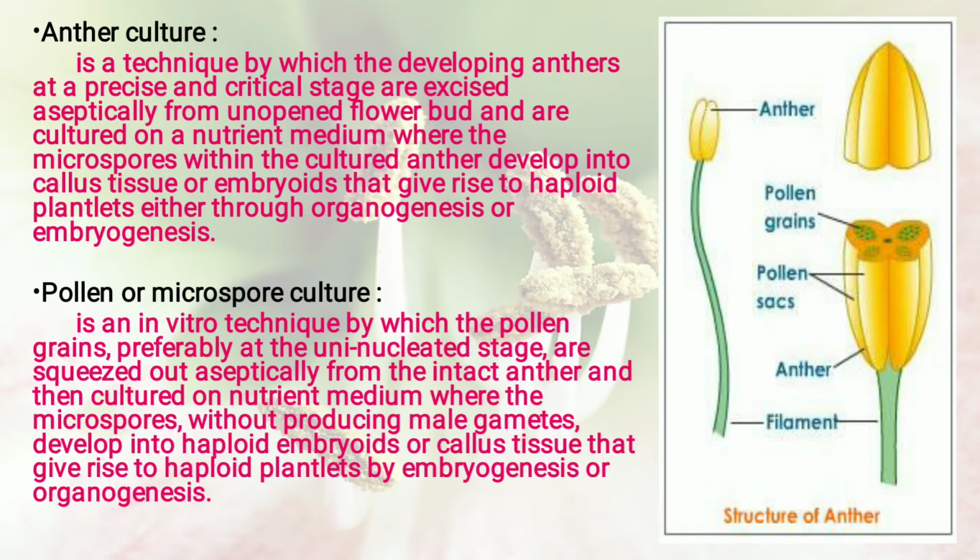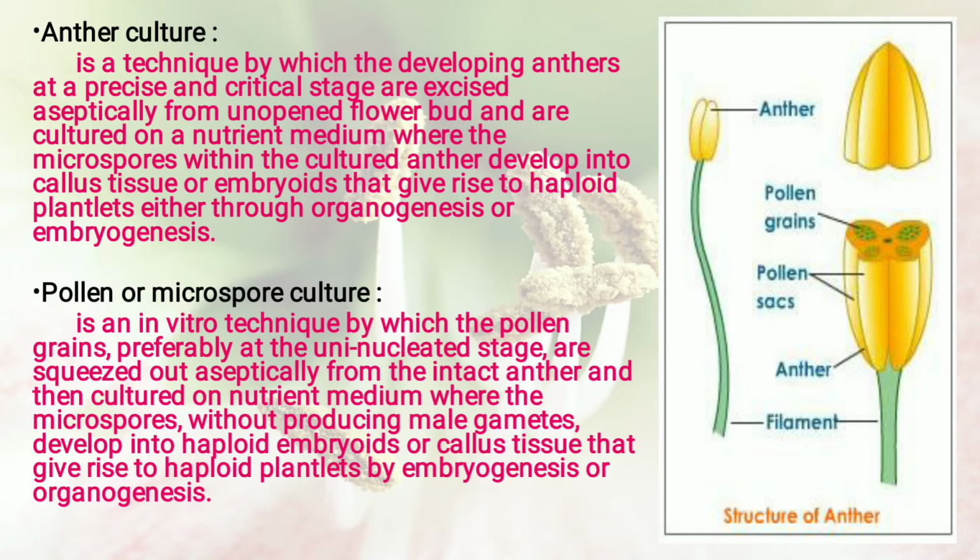The second technique is pollen or microspore culture. It is an in vitro technique by which the pollen grains, preferably at the uninucleate stage, are squeezed out aseptically from the intact anther and then cultured on a nutrient medium, where the microspores, without producing male gametes, develop into a haploid embryo or a callus tissue that gives rise to haploid plants by embryogenesis or organogenesis.